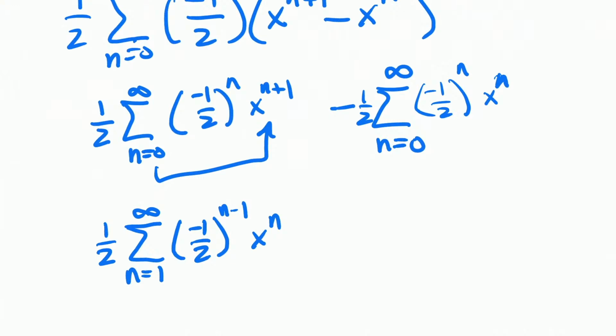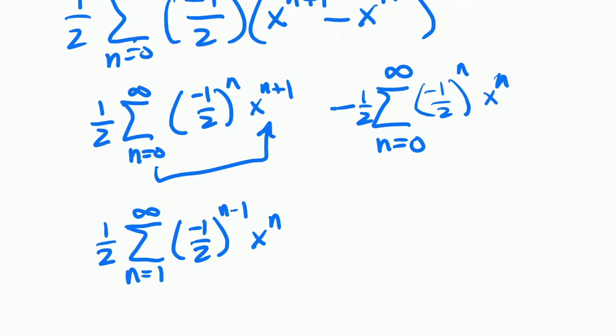This is the same expression. So when n equals 0, you get 1/2 to the 0 times x to the first. Down here, when n equals 1, 1/2 to the 0, x to the first. So basically all I've done is I've taken these n's and I've subtracted 1 from all of them. So that here, instead of having n equals 0, I have n equals 1. Here, instead of having n, I have n minus 1.